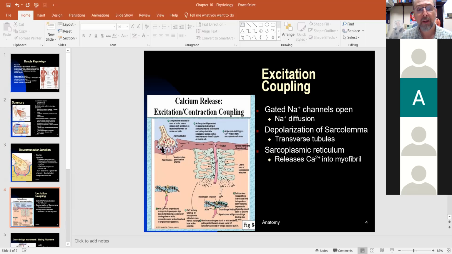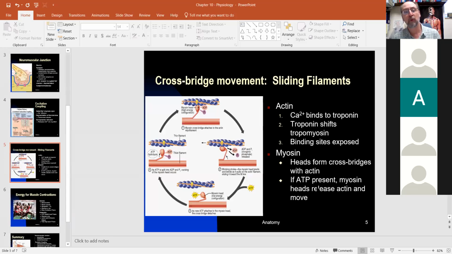So the nerve cell signal leads to an internal signal of calcium release by the sarcoplasmic reticulum. This is excitation coupling. So we go from a nerve message to high levels of intracellular calcium. That leads to the formation of cross bridges.